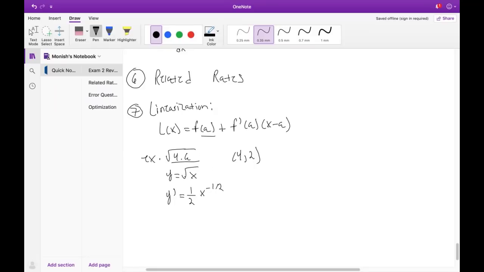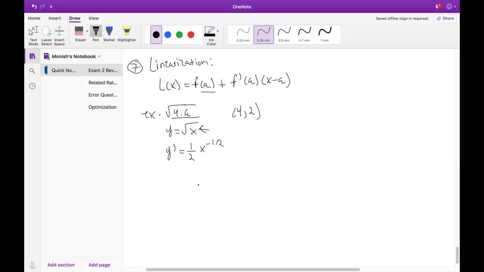So that's what you have to do. First find the equation it's referencing, find a point that's close to it on this function, then take the derivative of that function, and then you can go ahead and set up your linearization equation. So f of a is 2, and then f prime of a, if I plug in 4 for x, I get 1/2 times 4 to the negative 1/2, which is 1 over 2 times 1 over 2, so it's 1/4.